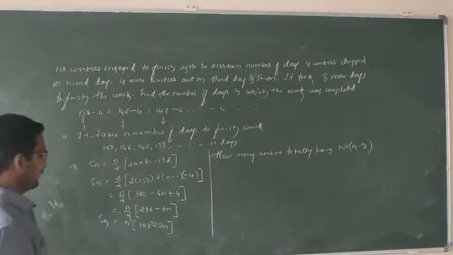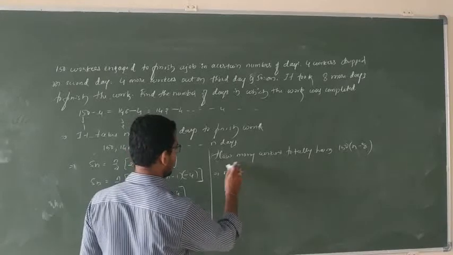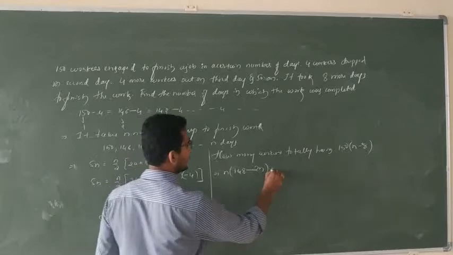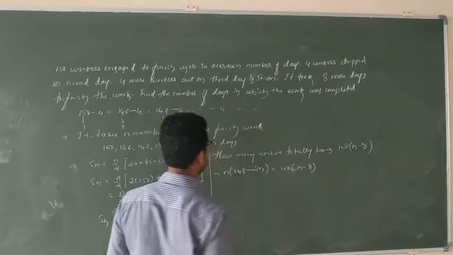Okay. Then we have to compare that n into 152 minus 2n is equal to 150 into n minus 8.